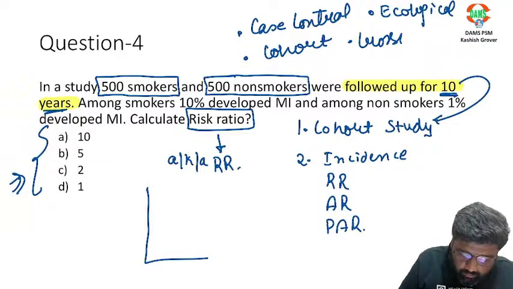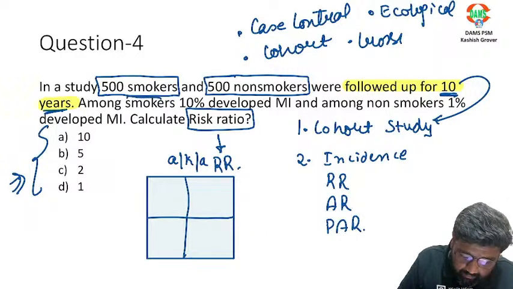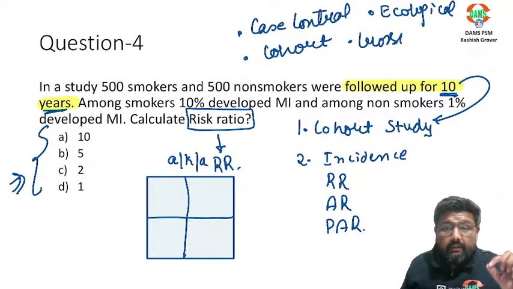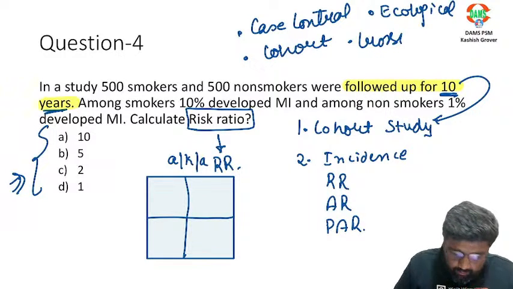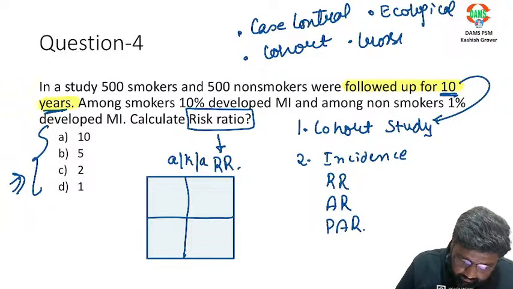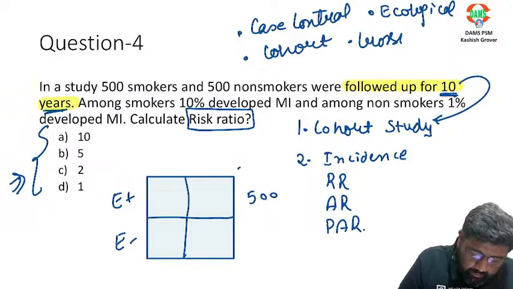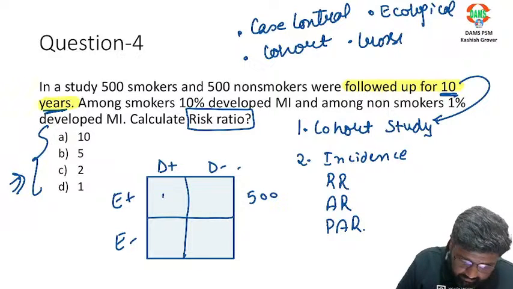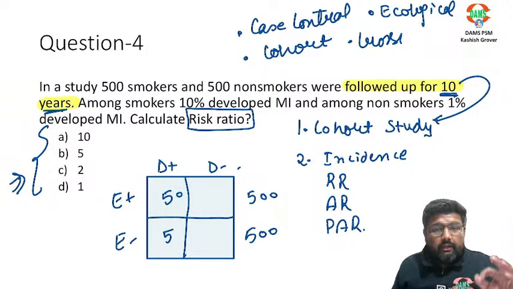Now beta, look here, yes. Now I'm making a 2x2 table. Out of 500 smokers, 10% developed MI. If 500 smokers, 10% developed MI. Very good beta. So if I say, suppose total smokers are 500, if I write E plus, E minus, yes. 10%, 50, and 1% among non-smokers.